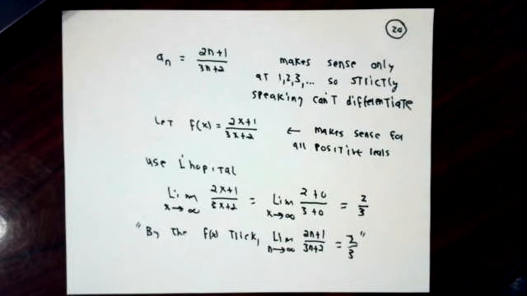It would be a mistake to do L'Hopital's rule again, because this isn't an indeterminate form anymore. The top of that fraction is a constant, and so is the bottom. We are taking the limit as x tends to infinity of the constant function 2/3. The limit is 2/3. And then we say, by the f of x trick, the limit that we're after is 2/3. This is what I mean by the f of x trick.